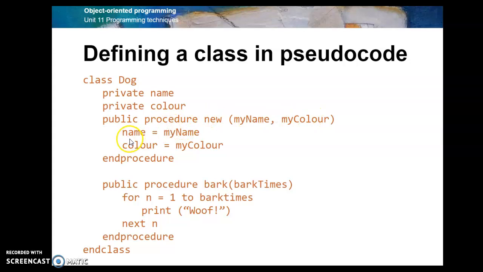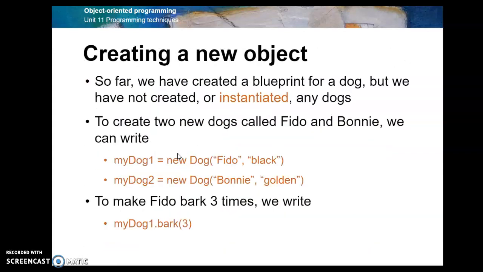Now, what they have done is now used the name and color, which are private properties or private attributes of the class, to assign the value, whatever you have passed from your main function called my name. They have been assigned to both these attributes. So going back to this one now.